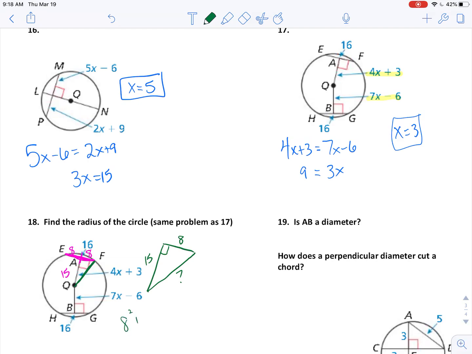So right angle, 8 squared plus 15 squared equals the radius squared, or c squared. So 225 plus 64 is 289. So c squared is 289. So we can take the square root. C must be 17. So I've got a radius of 17.